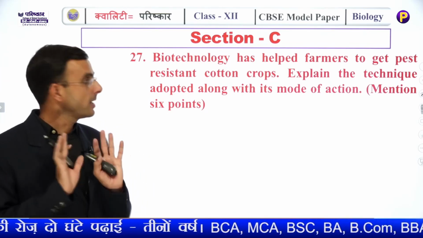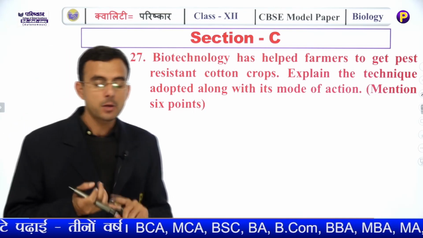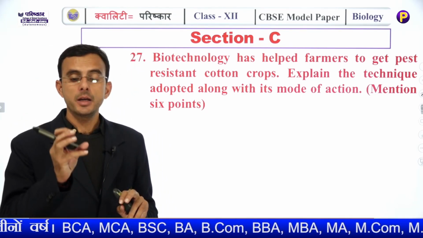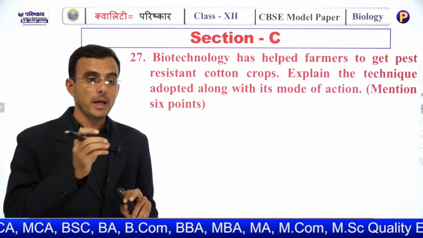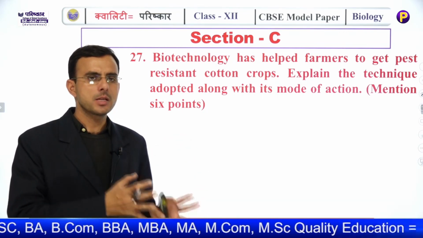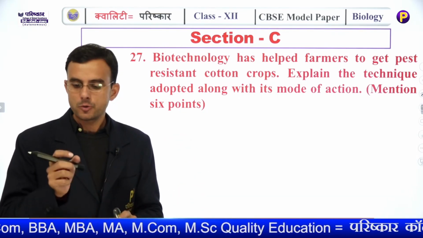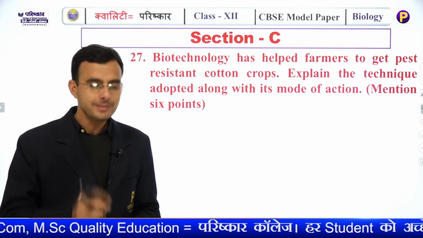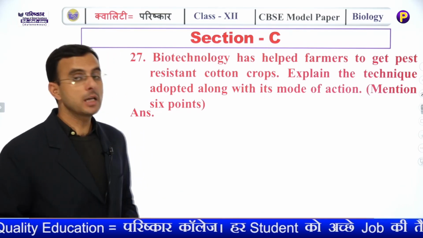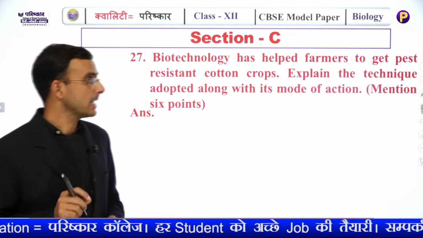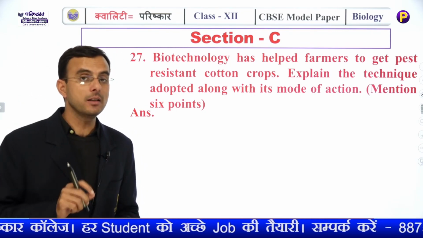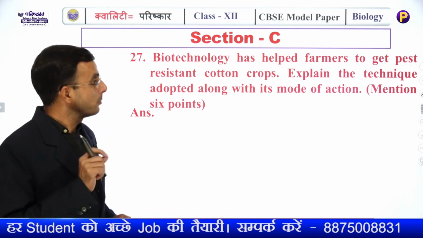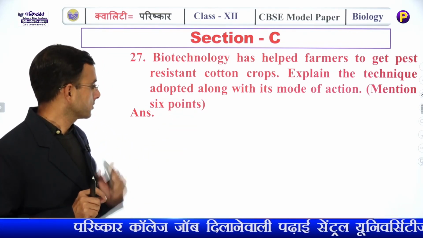We are utilizing biotechnology, and in that biotechnology we are incorporating a gene, because the plant is damaged by insects. We have identified a gene that plays a very important role. So look at this.